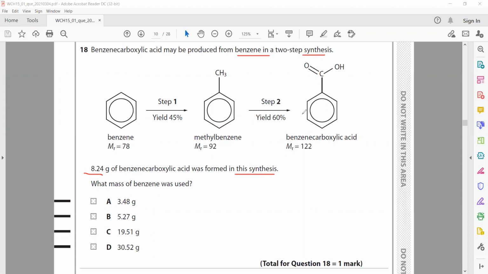So how can we work it out? In this two-stage synthesis, we can relate the stage 1 initial reactant with the final product. So 78 to 122 is the ratio between benzene and benzene carboxylic acid.